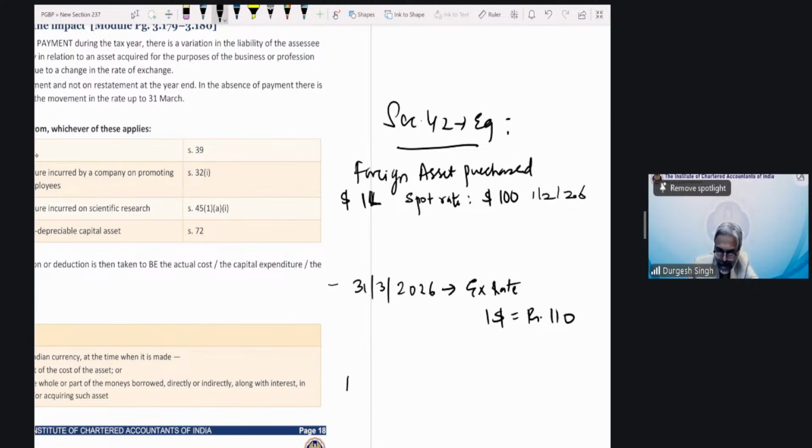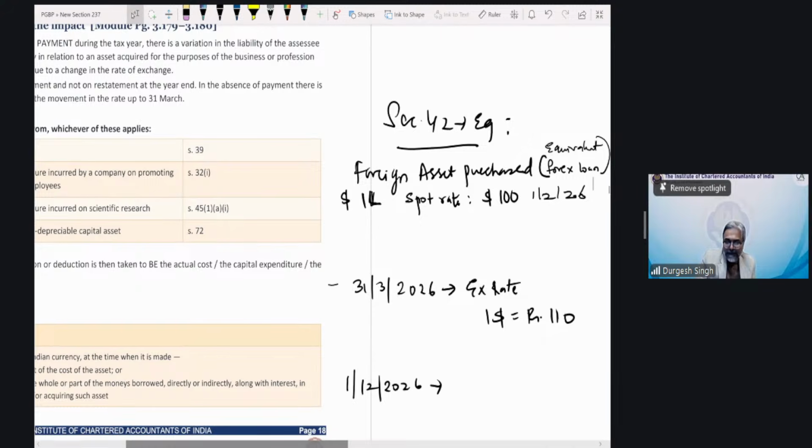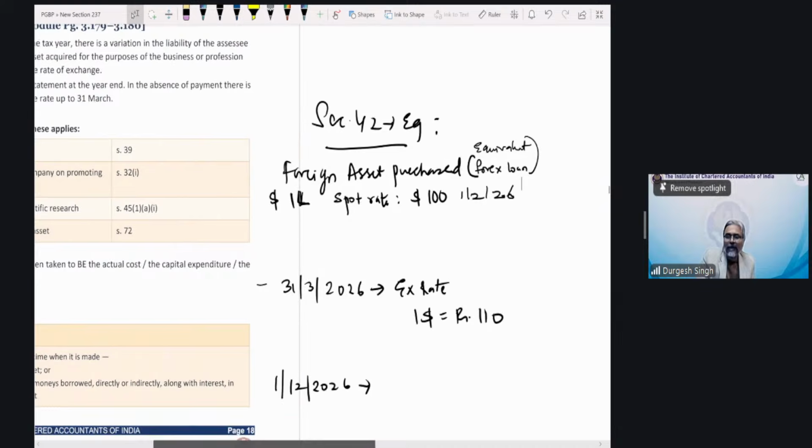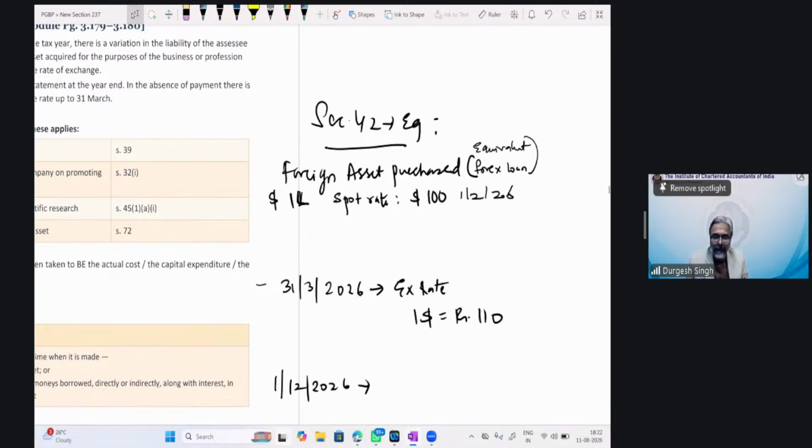On 1st of December 2026, can you just write here in the bracket, students, equivalent forex loan taken. I have just written against foreign asset purchased: equivalent forex loan.